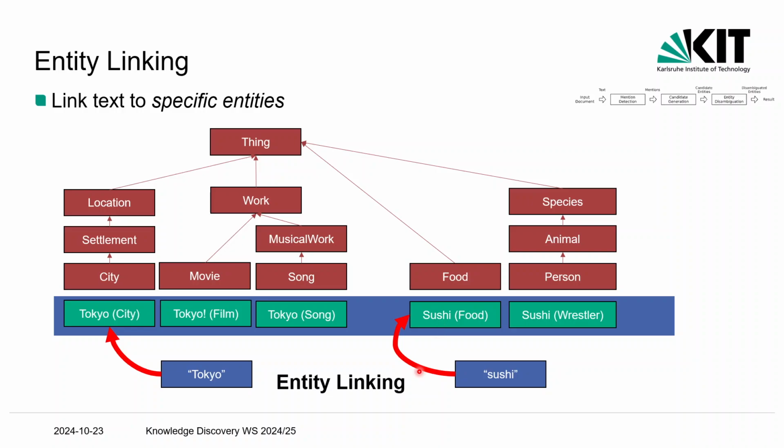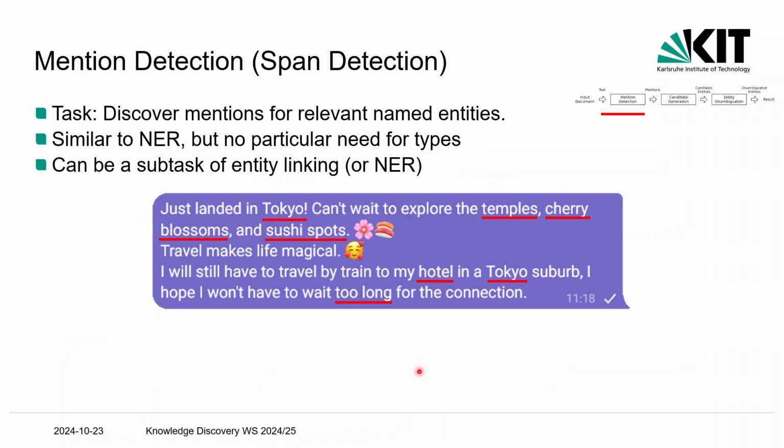Great. Now then, we'll go into the entity linking pipeline so that we understand the three steps of it. So we start with mention detection, which is the first part of this pipeline. We take an input document and we try to figure out what are the named entities within this text. As we saw for NER, that was the underlining part of the task.